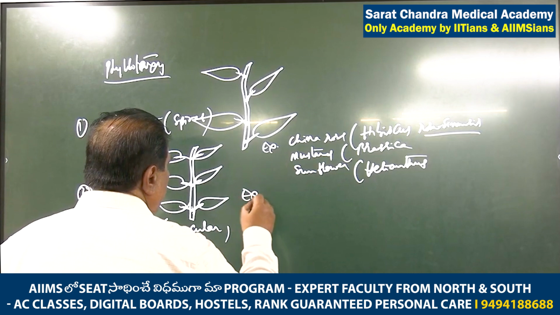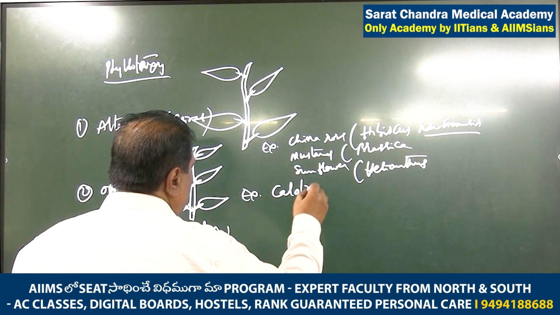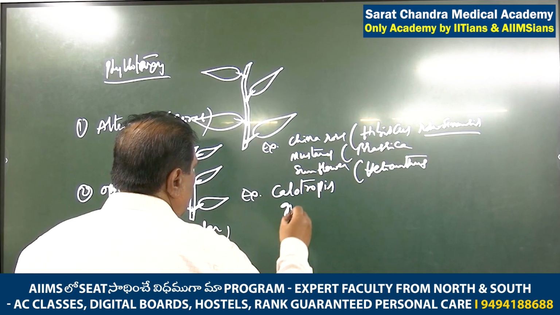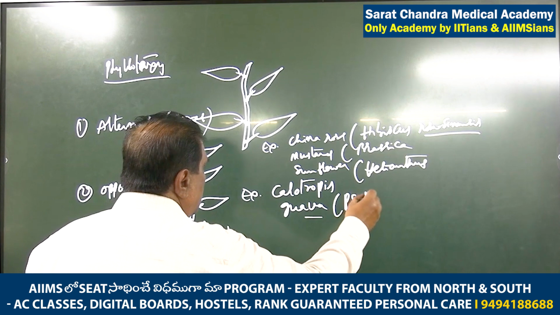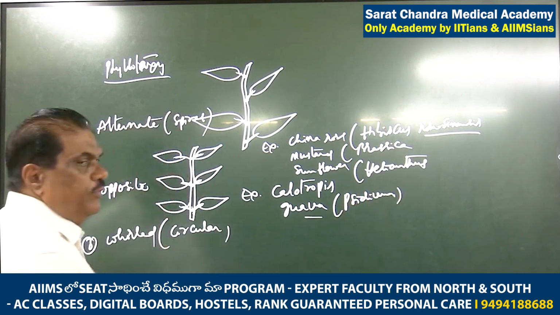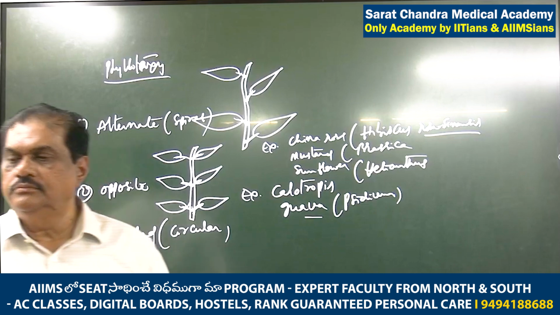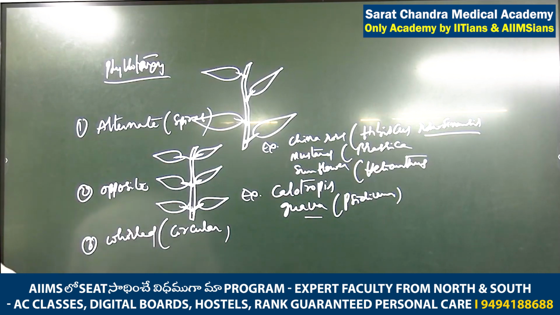Example for opposite phyllotaxy: Calotropis and guava. The scientific name of guava, Psidium. P is silent, Psidium. In Calotropis and also guava, every node has two leaves.